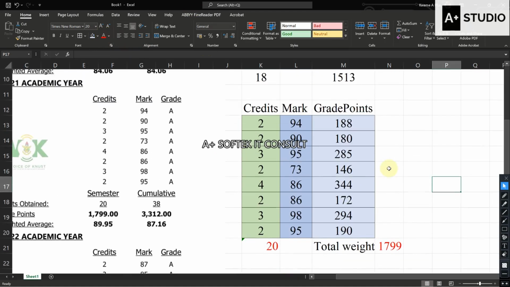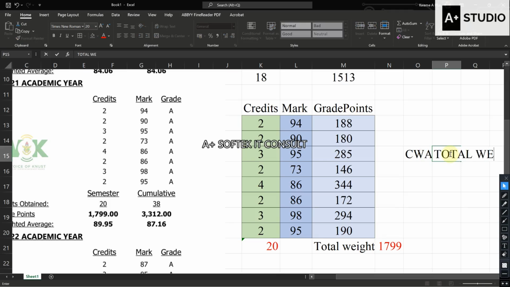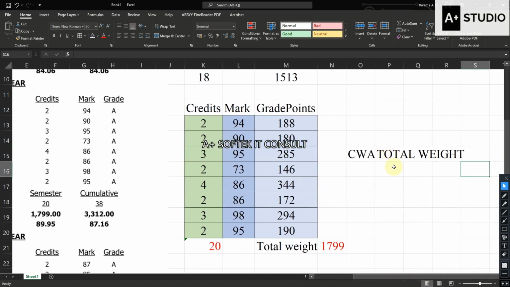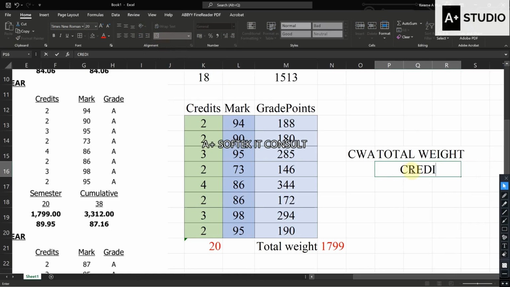In finding the CWA, as we've said, CWA is equal to the total weight divided by the credit total.